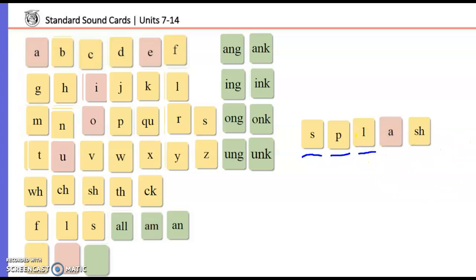The L. And then that is a short vowel A. And then with the SH, that's where we underline the whole digraph. So blends, you underline each letter. The SH, you underline all together because it makes one sound.